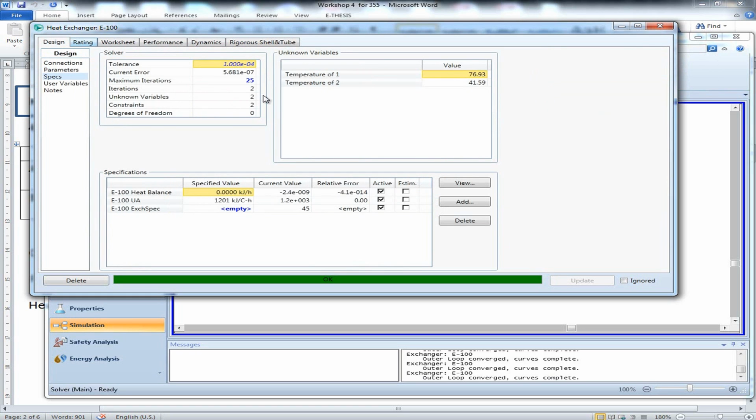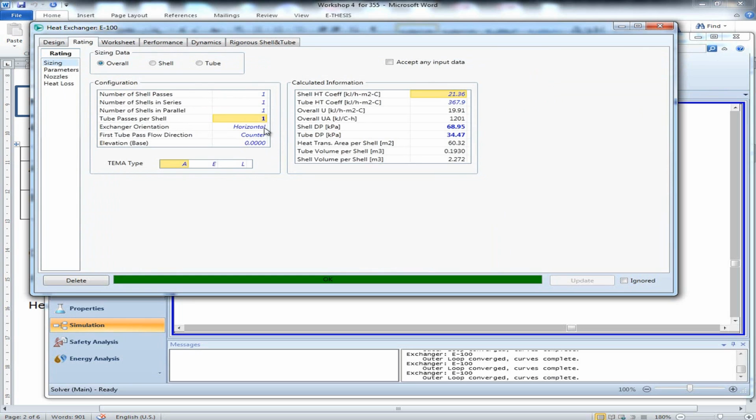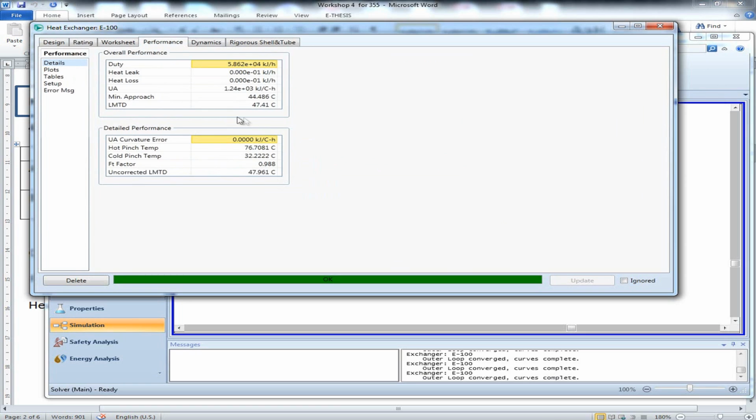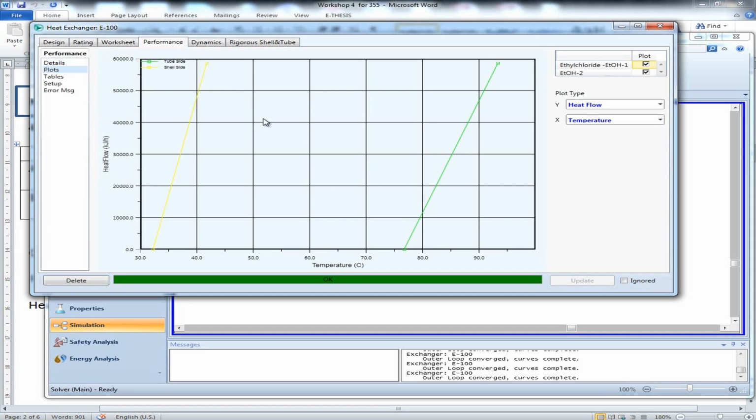So let's try another way, 1-2. When I use the 1-2 shell and tube heat exchanger, the Ft drops a little bit from 1 to 0.988, and the plot is still far apart.